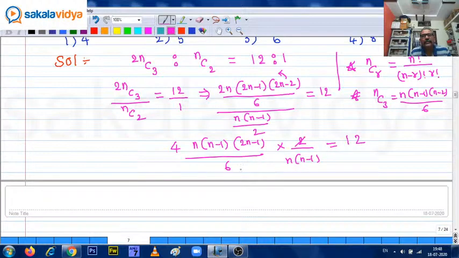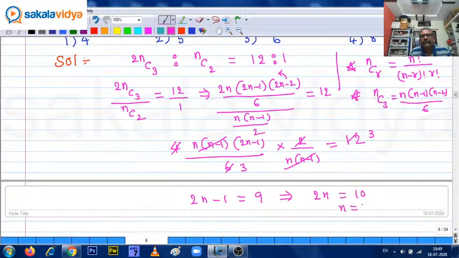That means n into n minus 1 gets cancelled. We have now 4 upon 6 times 2 over 1. Cross multiplication: 2n minus 1 equals 9. Now 2n equals 10, n equals 5. This is the answer.